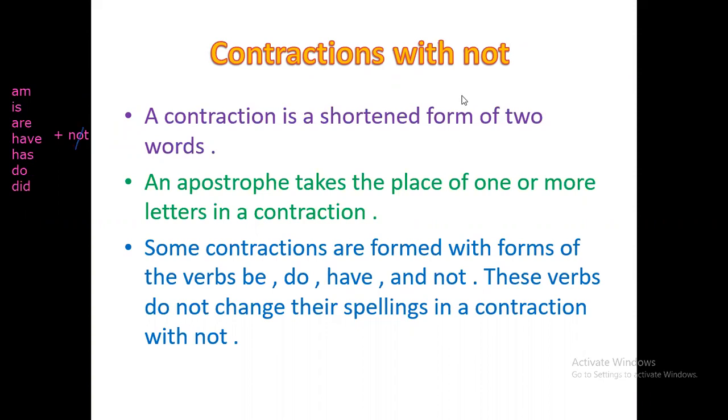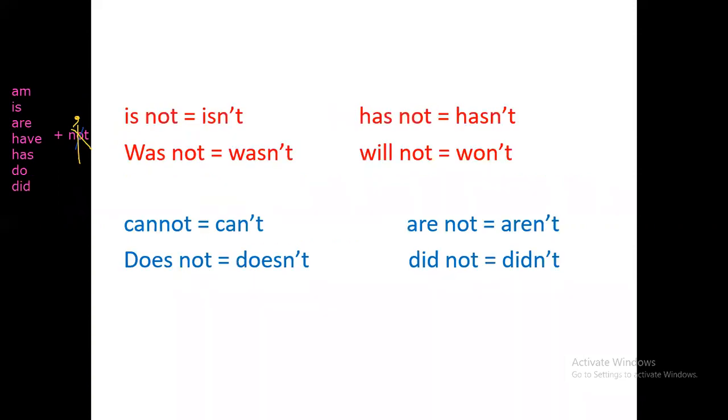Let me change the color. We're going to cross out the letter O and put an apostrophe instead of it. Then we're going to write the words together. Let's take a look. Is not, what happened here?